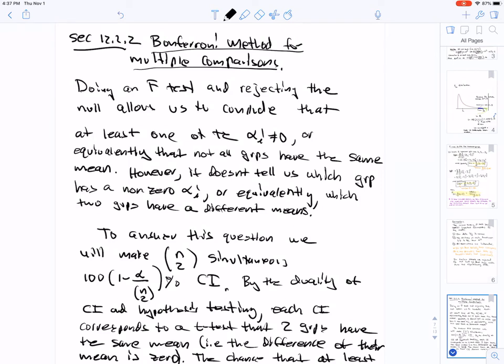Let n be the number of treatment groups.